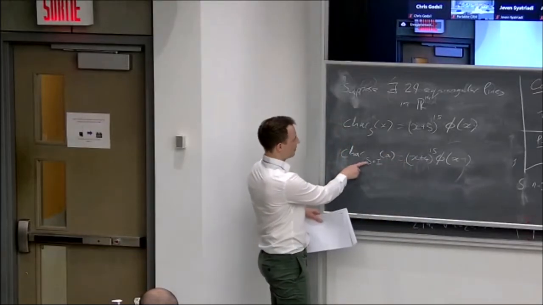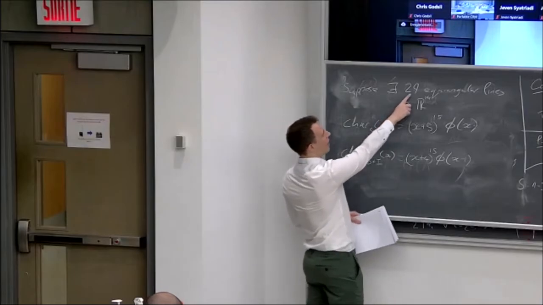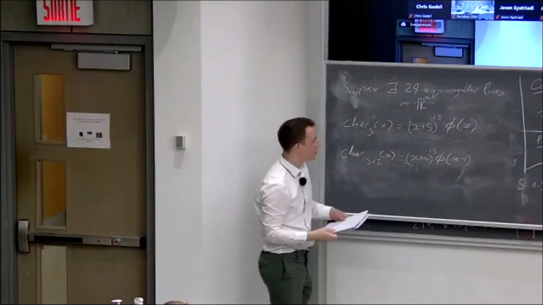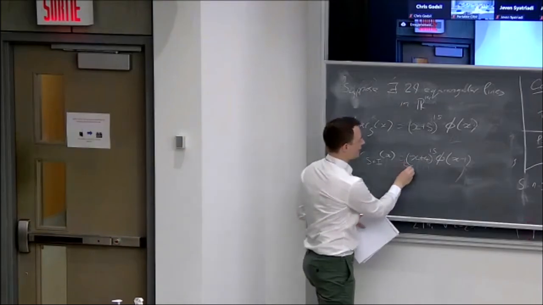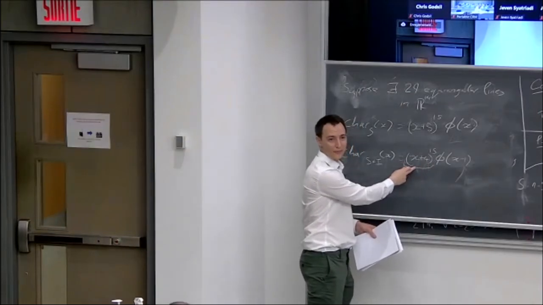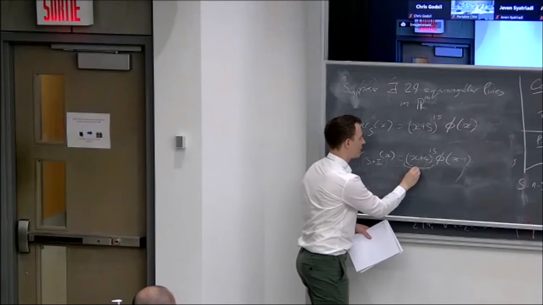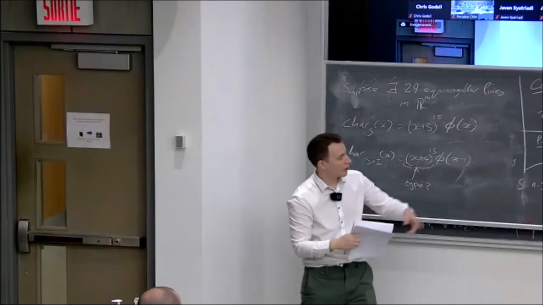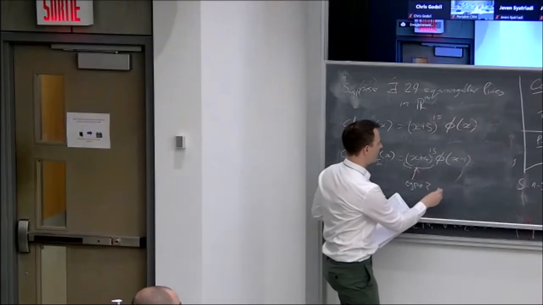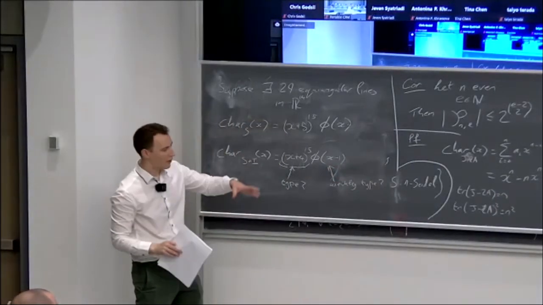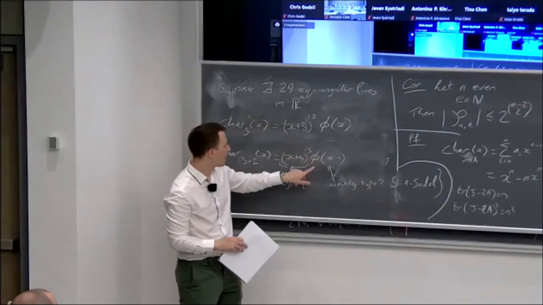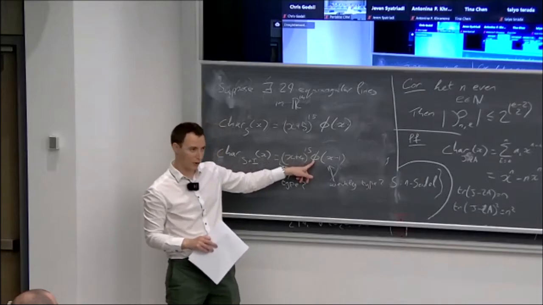So here, n is 29, and so we know this will be weakly type 2. But this factor is type 2. So we can use our factorization theorem, and that tells us that this thing here has to be weakly type 2. That's where this factorization comes in. So now we have this degree 14 polynomial.